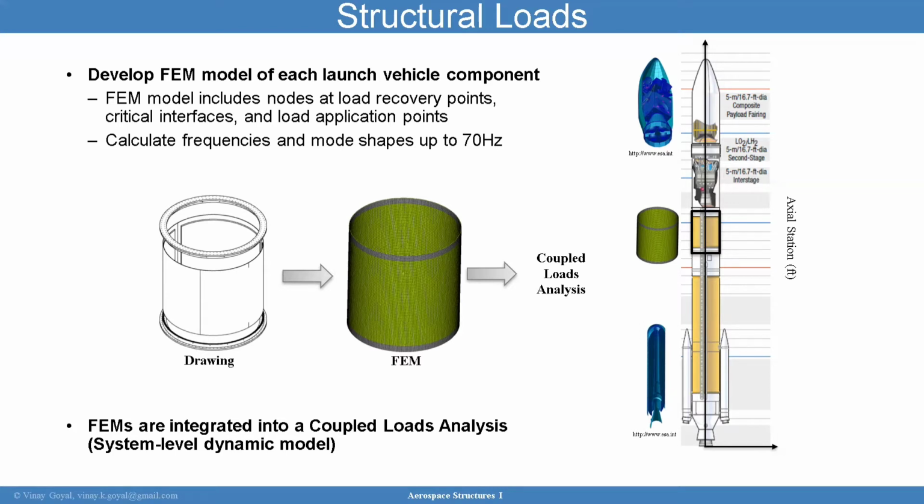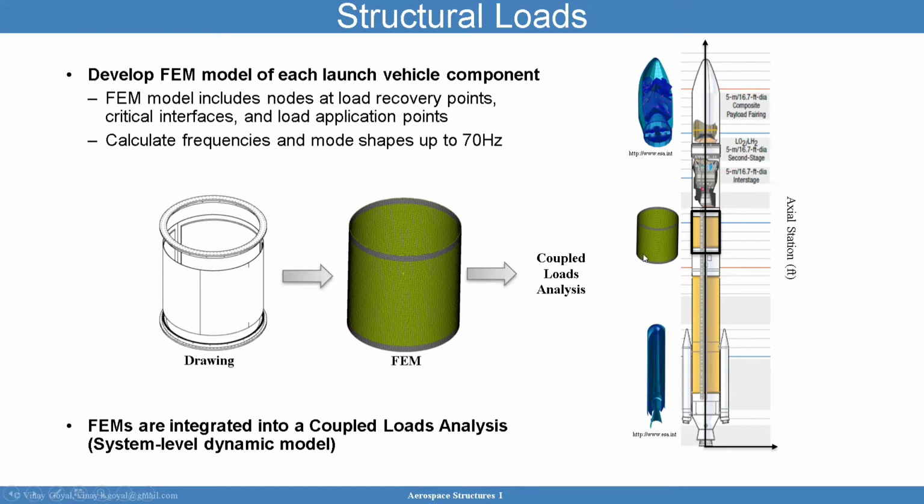So we want to make sure that the launch vehicle components can survive the ascent environment from liftoff, ground winds, all that, all the way to when the spacecraft is basically deployed in its correct orbit. So this system level dynamic model plays a big role.